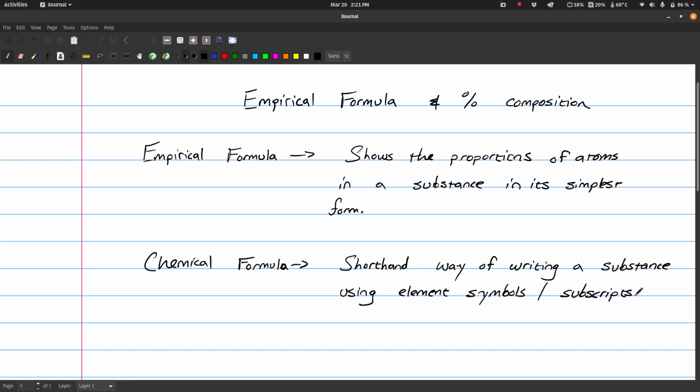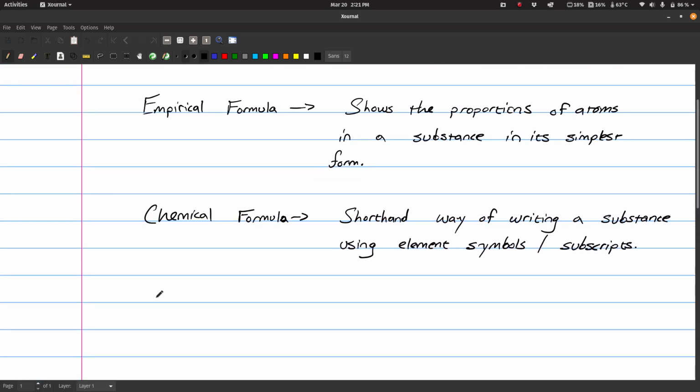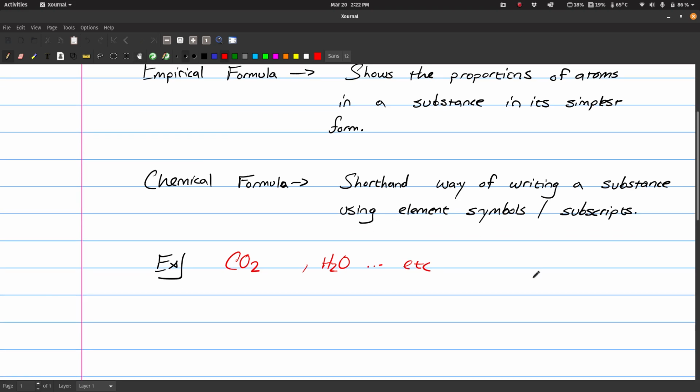For example, when we're talking about a chemical formula, we have CO2, H2O, etc. I know I did that backwards, so it's fine. So for the chemical formula, I have 2 hydrogens and 1 oxygen.